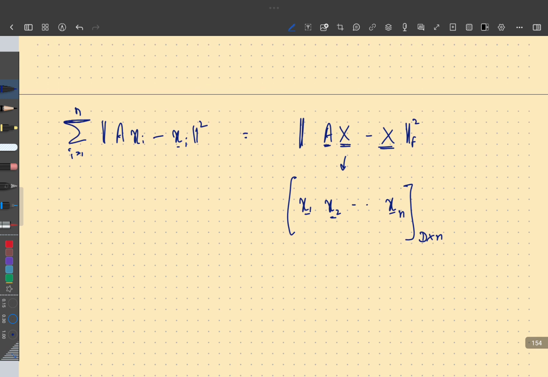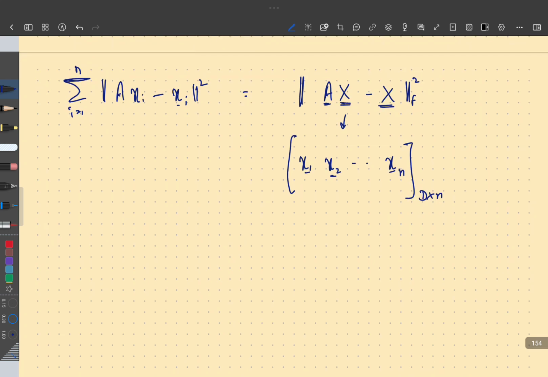So A times capital X is A x1, A x2, A x3 up to A xn, and therefore the Frobenius norm squared is equal to the sum of the squared errors.